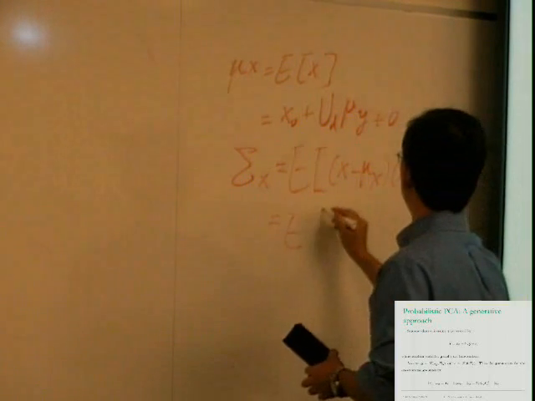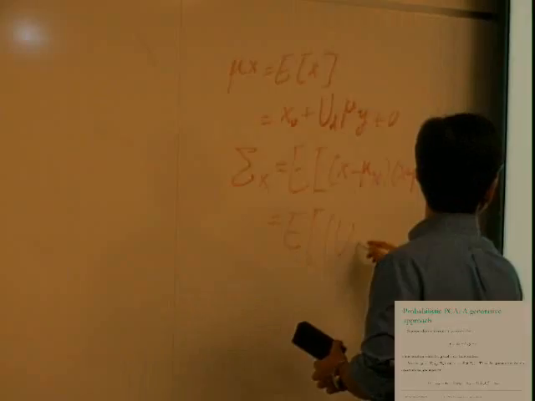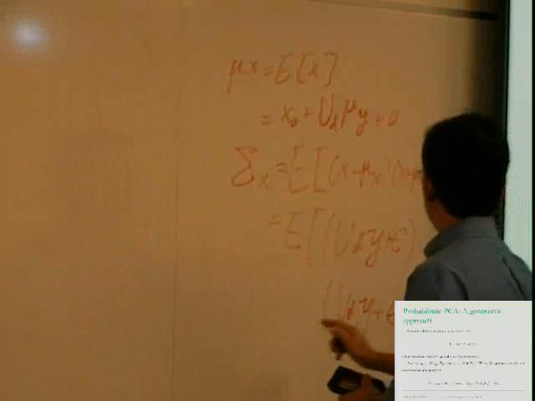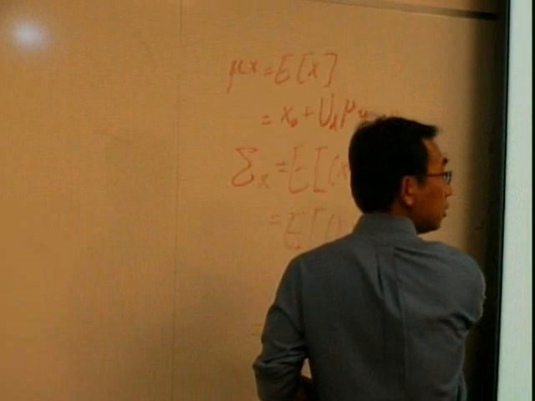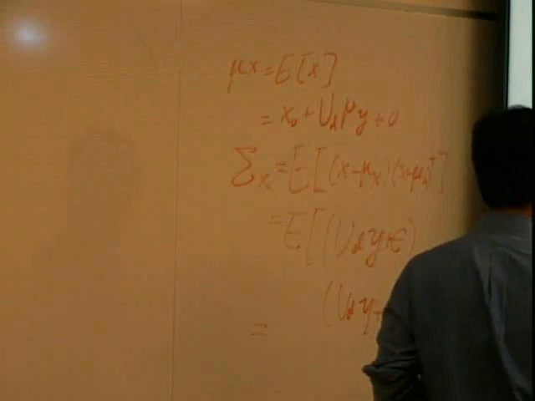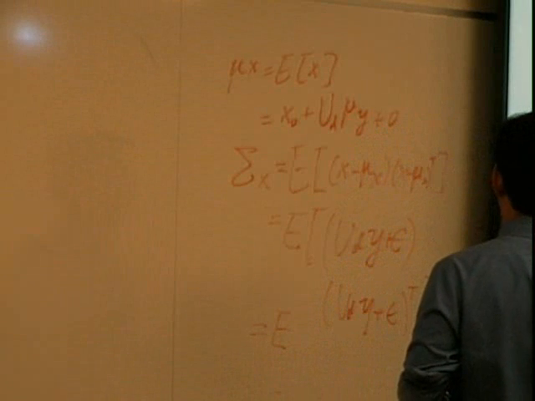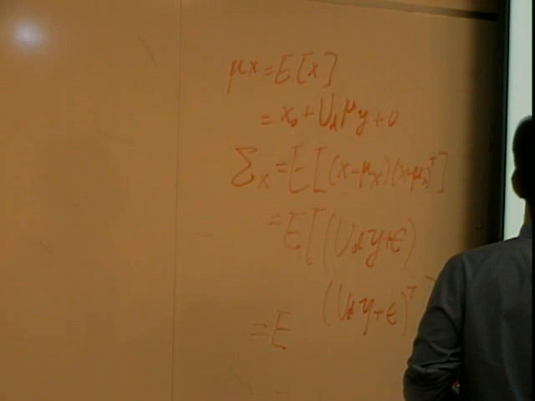Yeah, it's equal to Ud y plus epsilon, times Ud y plus epsilon transpose, right? So we have 4 terms, if you carry out the computation. But there's got to be a mu y in there as well. So I think it's Ud times y minus mu y.